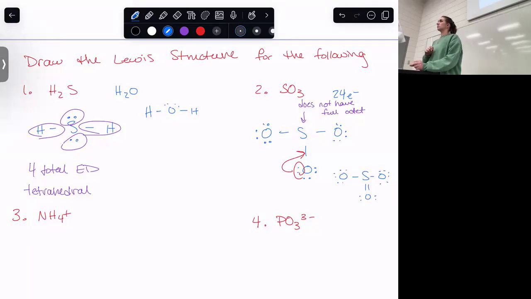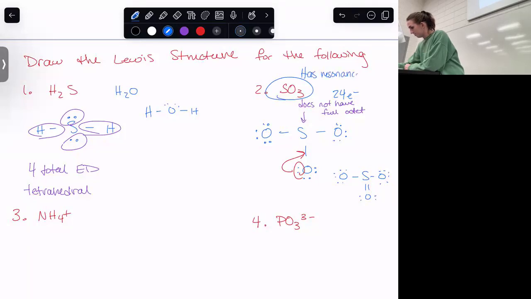So what does this structure have? Or I guess, is there an alternate structure that we could draw for this one? Good, so this one has resonance structures. How many other resonance structures can we draw? 2 other ones, right?